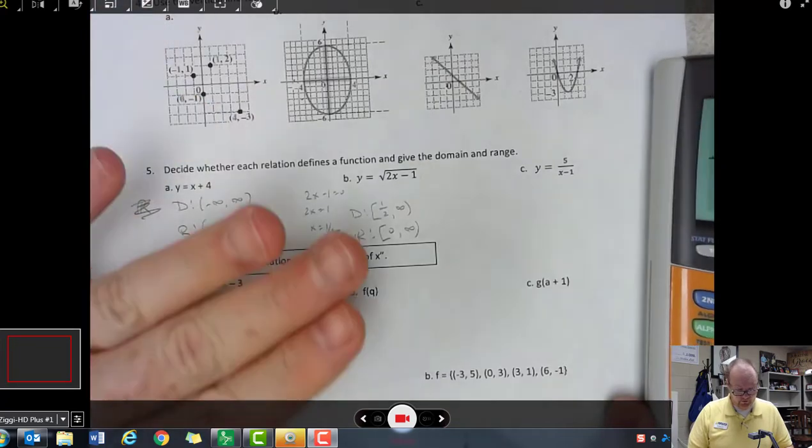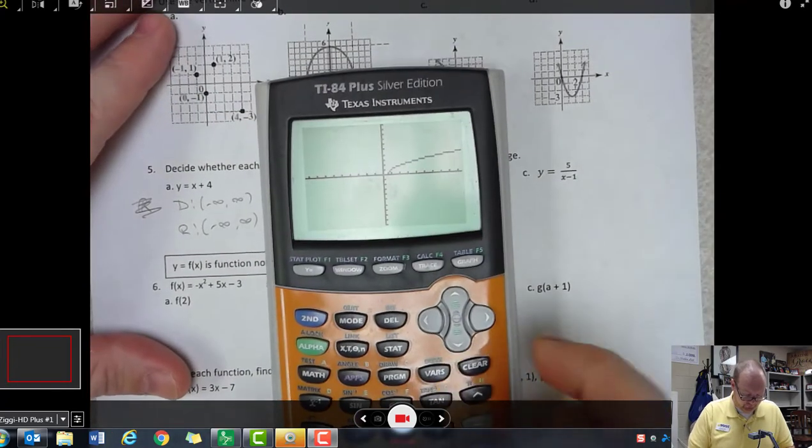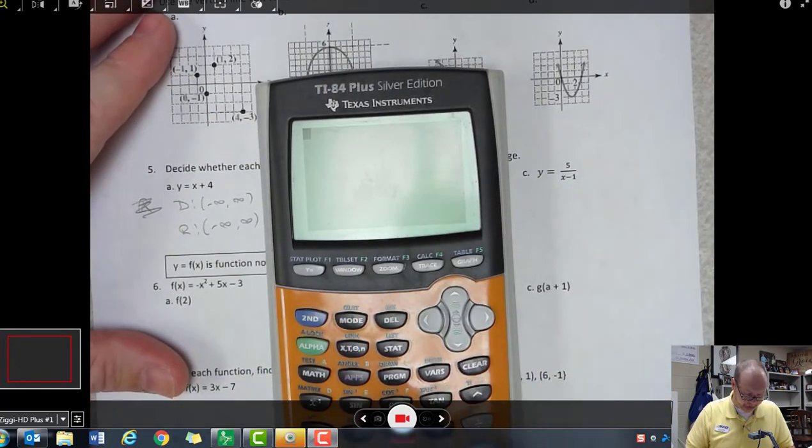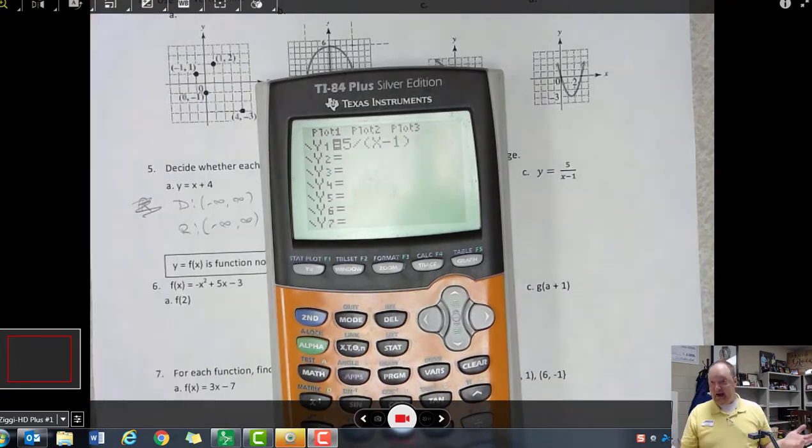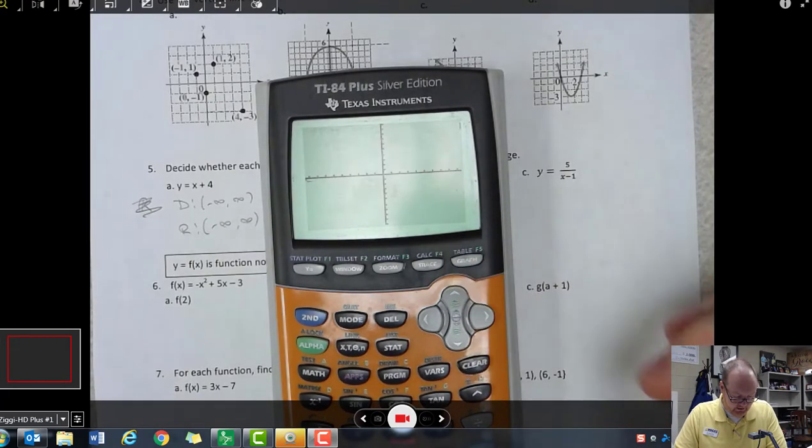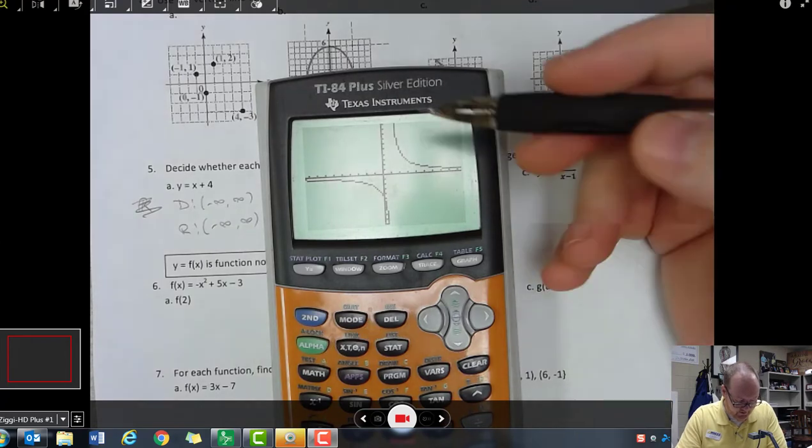Again, we're going to do some more of those in class, but the last one, just so we can move on through, 5 divided by x minus 1. If you ever do a denominator, we know that that denominator has to be in parentheses to do that division. So here's the graph. So kind of a funny graph.